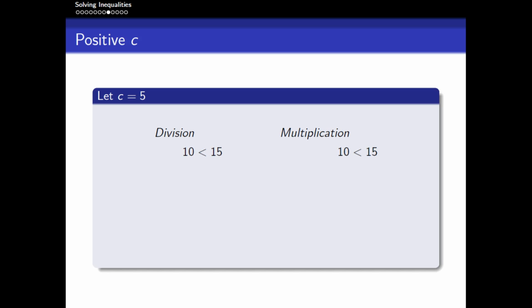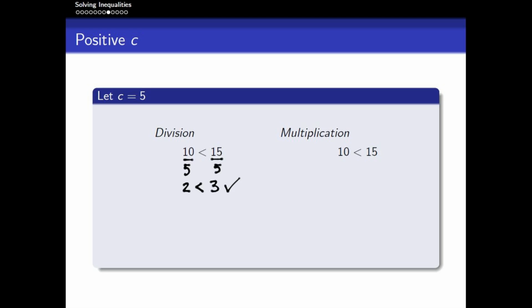Okay, I'm going to divide and multiply by a positive number. How about 5? So I'm going to divide both sides by 5, and we'll see if it holds true. 10/5 is 2, and 15/5 is 3, and 2 is less than 3, so we're good to go. Booyah!